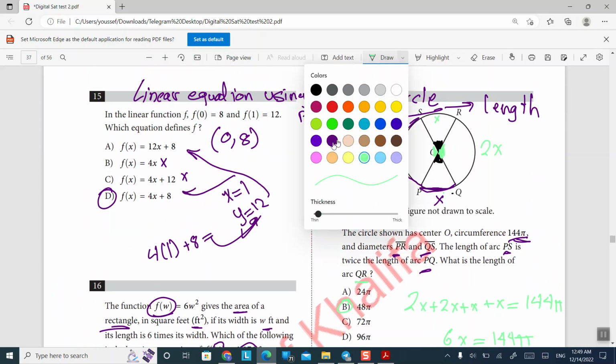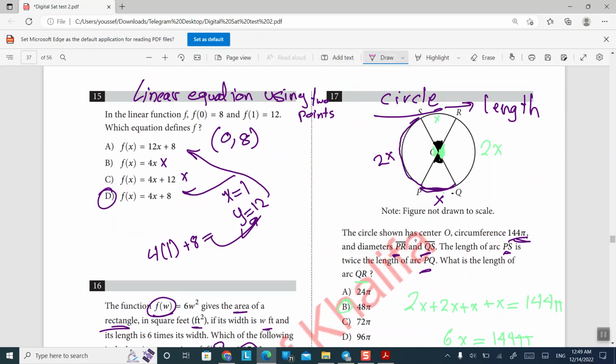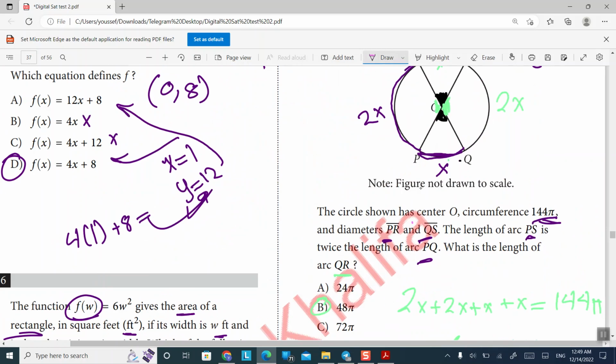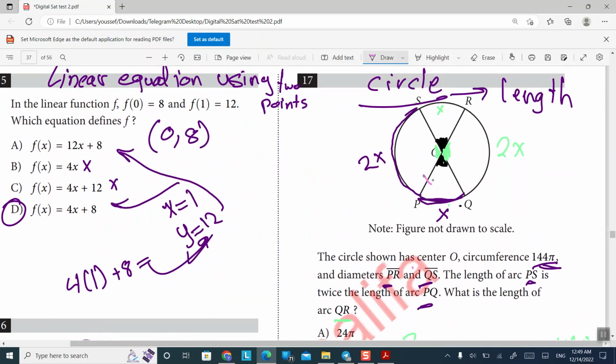The other way which I said, notice that this is a radius, and this is also a radius, and this is also a radius, and all of them are equal to each other. If you draw an imaginary line like that, this is also equal to that one.